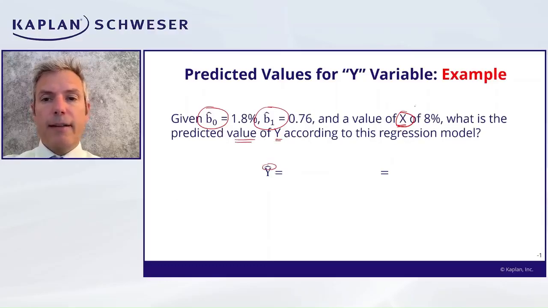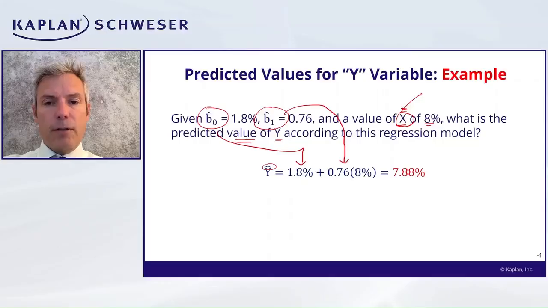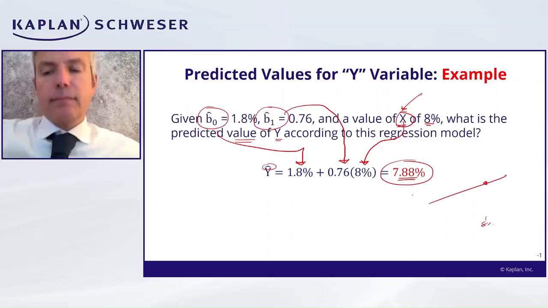If you do have a reading of 8% for the independent term, then if you plug that into your model, you'll just get B hat 0 of 1.8 plus the slope coefficient 0.76 times your X value, and you'll get 7.88. That's your line. So where X is 8, you're modeling that you'll be at 7.88%.